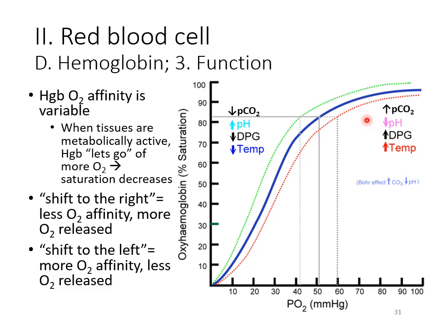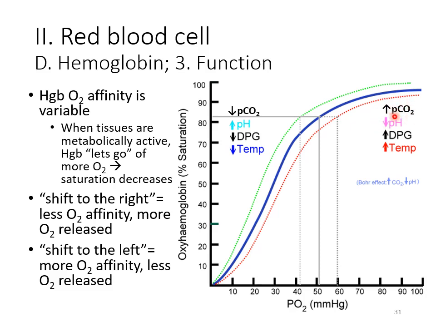Now, CO2, pH, and temperature are all easy to understand. They are all related to your metabolism, right? If you use your mitochondria, if you perform glycolysis, if you utilize the Krebs cycle, you will be releasing CO2. And you will also be releasing acidic byproducts as part of your cellular functions.